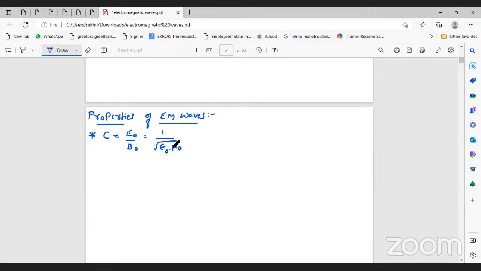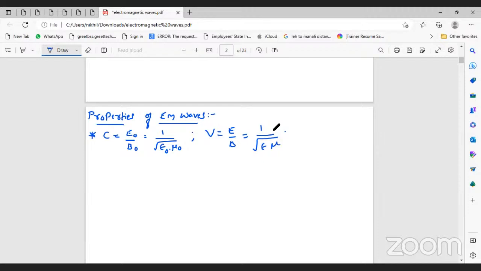And the speed of the electromagnetic wave in a medium other than air, if it is not in the vacuum medium, is given by the formula E divided by B, which can also be taken as 1 divided by root epsilon into mu, where epsilon and mu are the absolute permittivity and absolute permeability of the given medium.